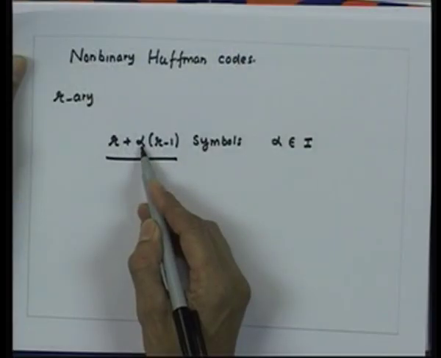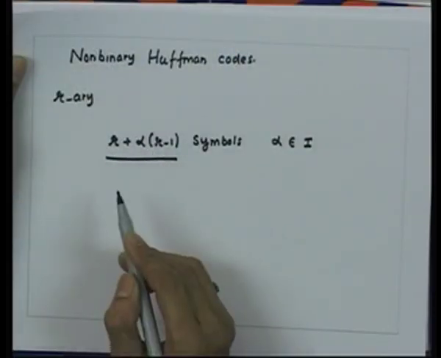So therefore, if the original source does not have this many symbols, we add dummy symbols to the source until this number is reached. Now it is not very difficult to show this. Take a simple example. Suppose I start with 3 source symbols; for 3 source symbols alpha is equal to 0 and it satisfies this condition.